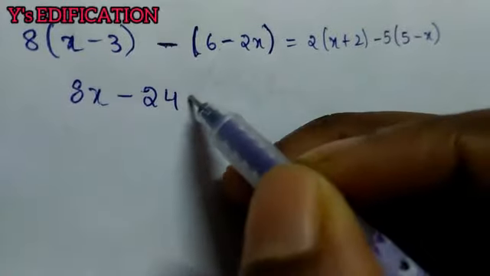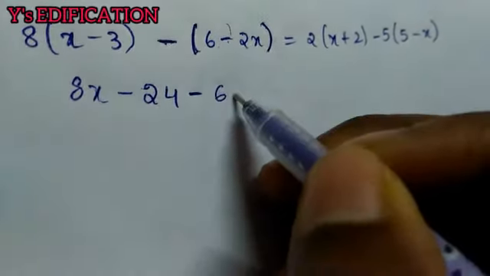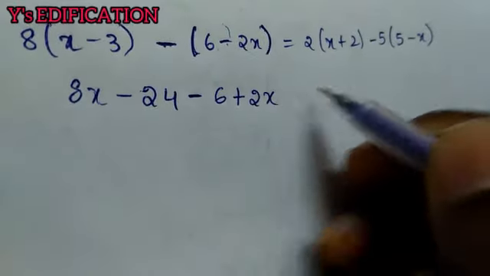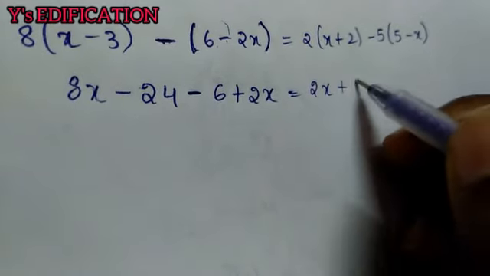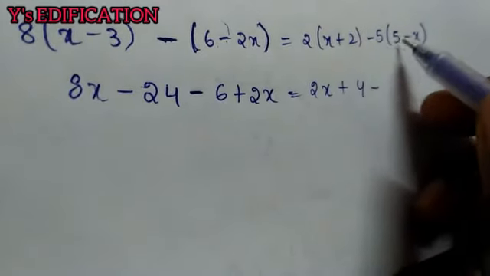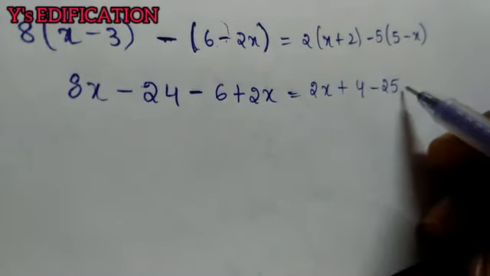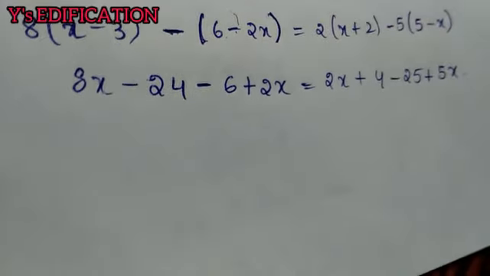Minus into 6 is minus 6. Next, minus into minus will become plus. So this will become 2x is equal to 2 into x is 2x plus 2 into 2 is 4 minus 5 into 5 is 25, and this is minus into minus is plus. So 5 into x is 5x.